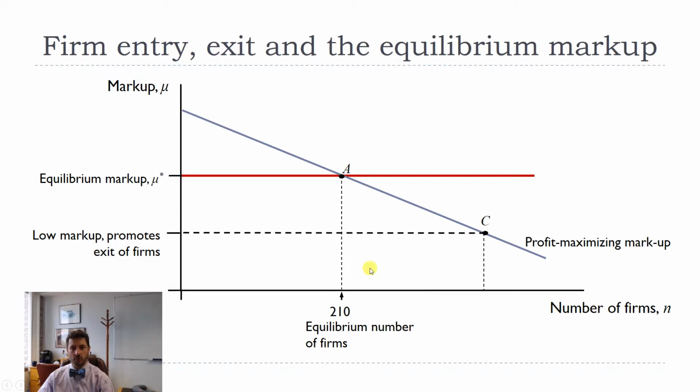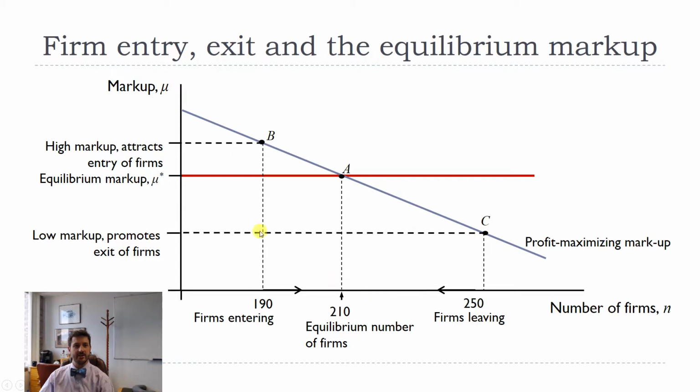Now, if there's a low markup, if there's too much competition, then firms are going to start exiting the market because they can't earn as much profit. The markup is too low and firms will start leaving.